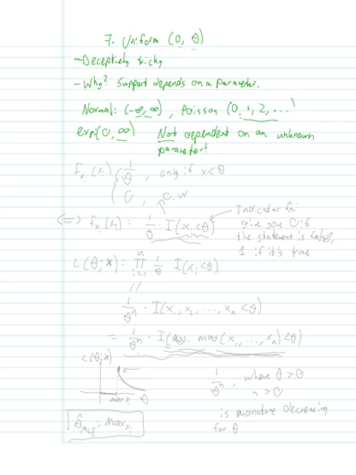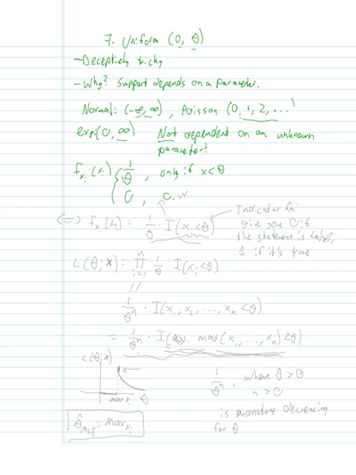Okay, so let's talk about how we would go about solving the uniform problem. The density for each sample is 1 over theta, because it goes from 0 to theta, but only if x is less than theta, right?